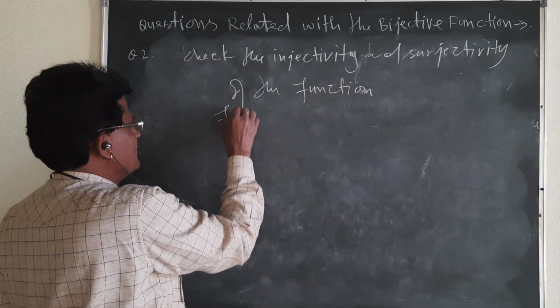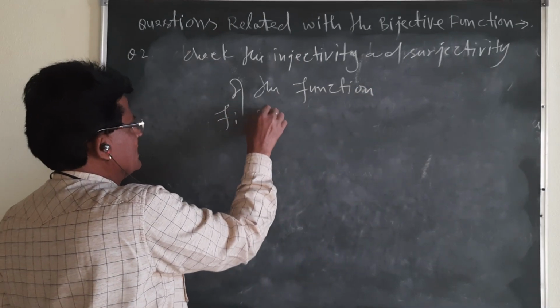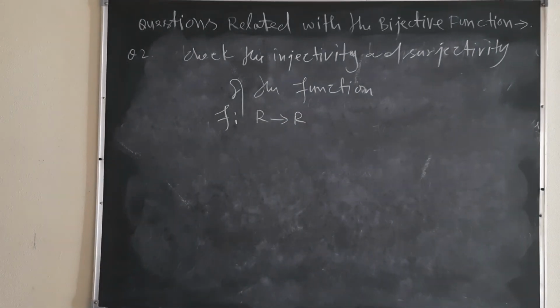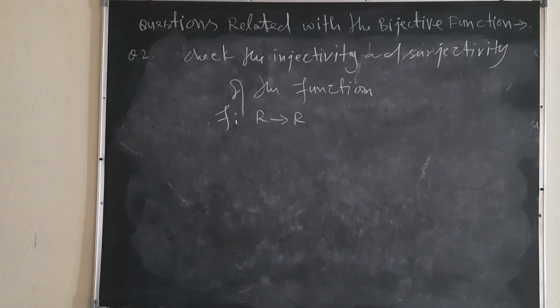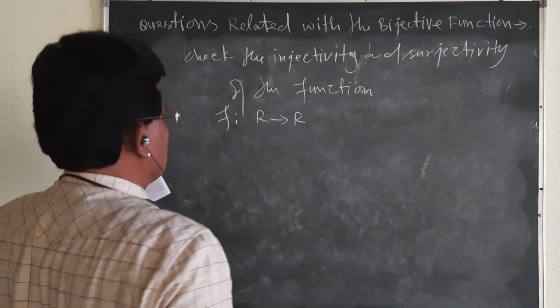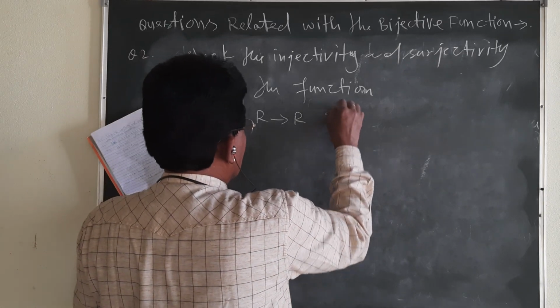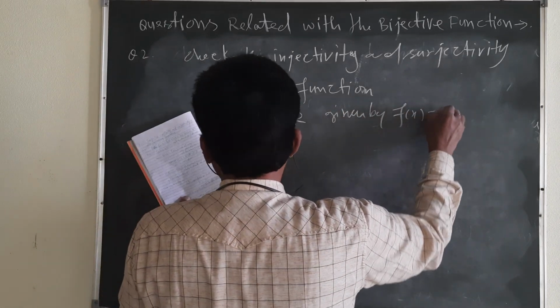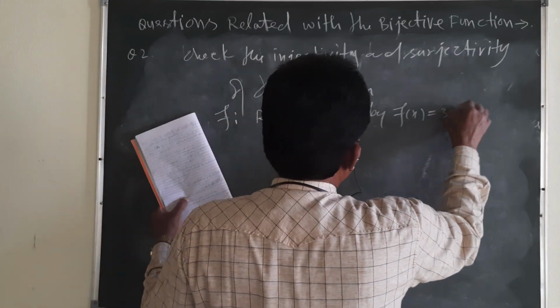Consider the function f from real numbers to real numbers, and the value of f(x) is given by f(x) equal to 3 minus 4x.